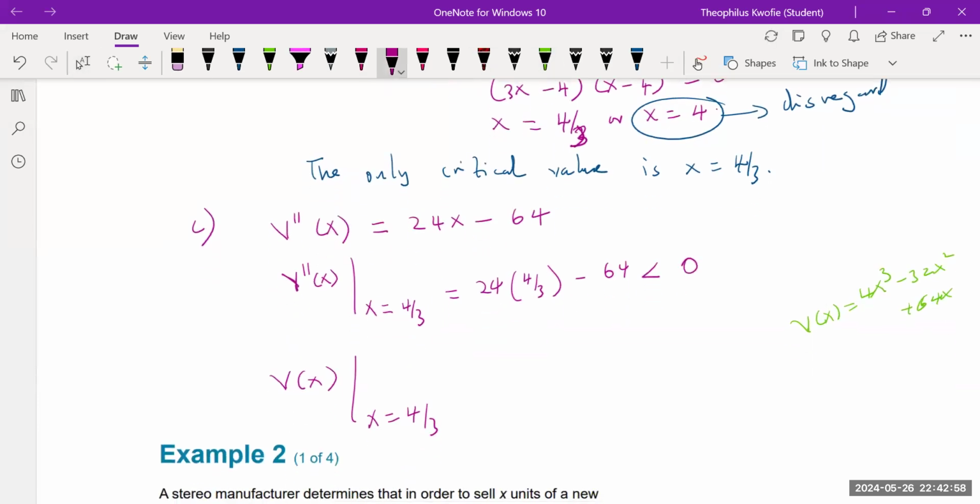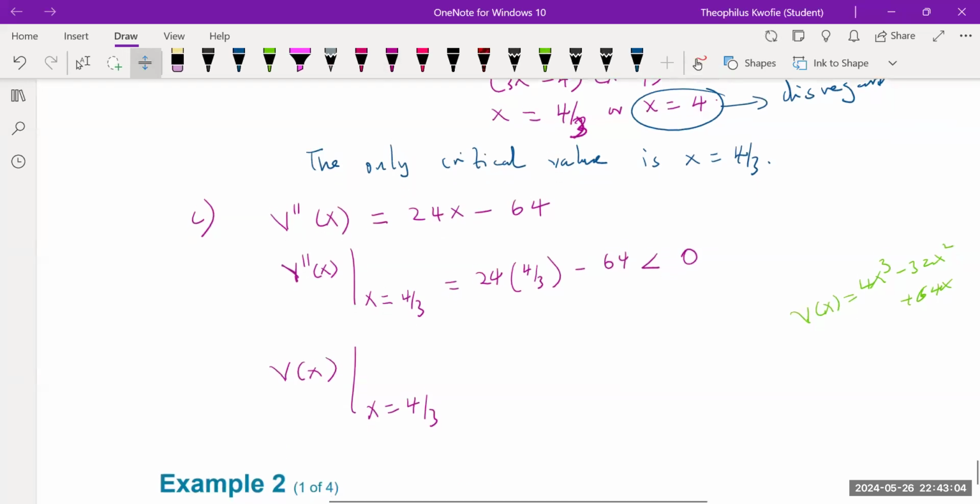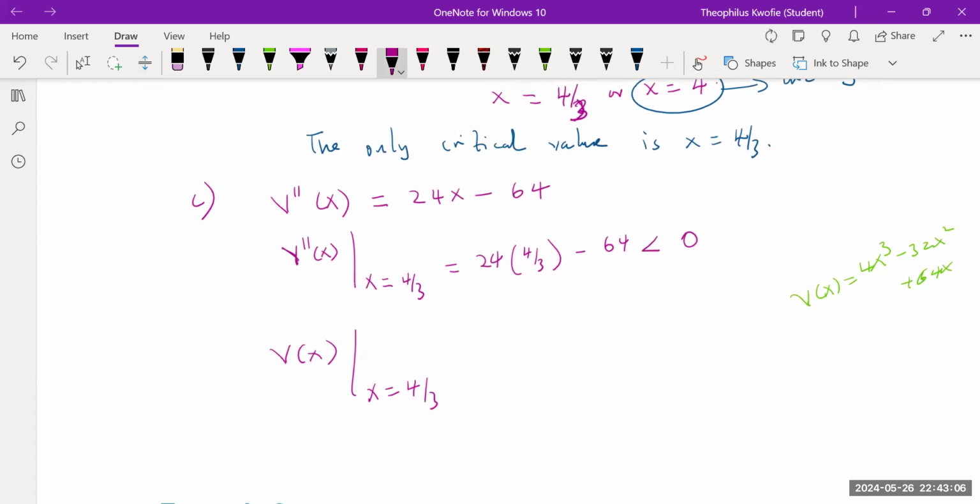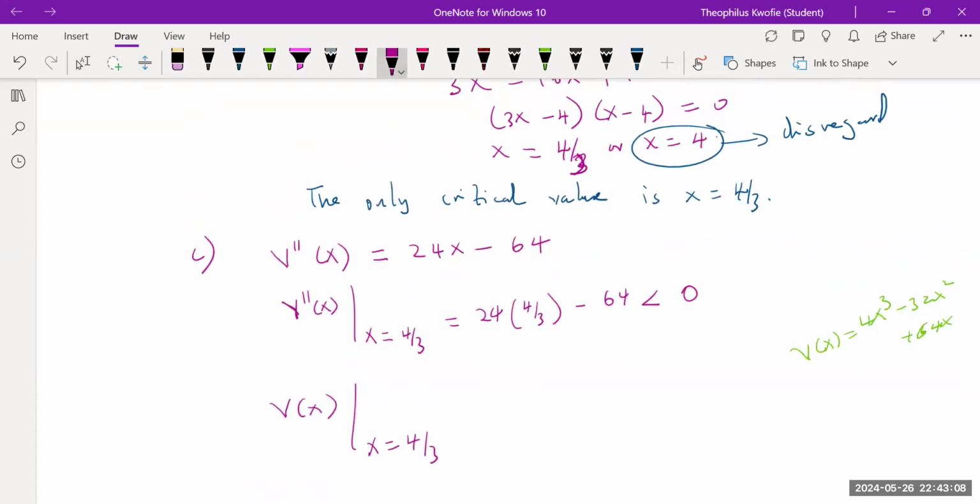So now we are going to evaluate that. By evaluating that function, we should have 4 out of 3 to the power 3, minus 32 multiplied by 4 out of 3 to the power 2, plus 64 times 4 out of 3.